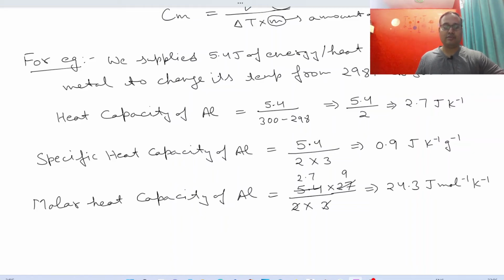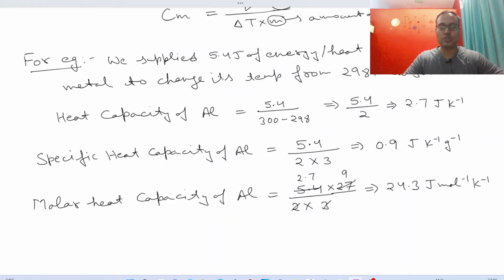Now molar heat capacity is further of two types: molar heat capacity measured at constant volume, and molar heat capacity measured at constant pressure. As we know, heat supplied to a system is not a state function, it's a path function.